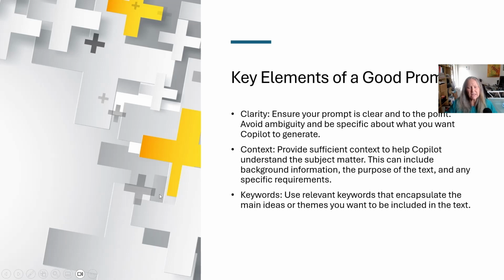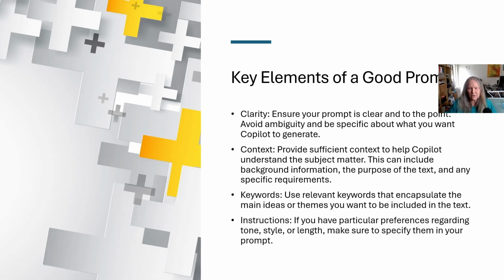Use relevant keywords that encapsulate the main ideas or the themes that you want included in the output Copilot provides you with. And give particular preference regarding the tone you seek, the style you seek, the length of output you expect from Copilot. Make sure that you specify these instructions in your prompt.